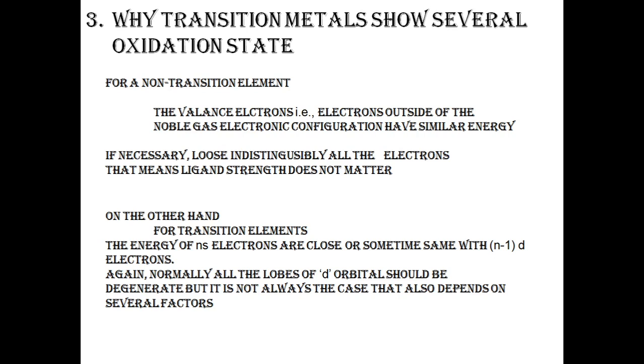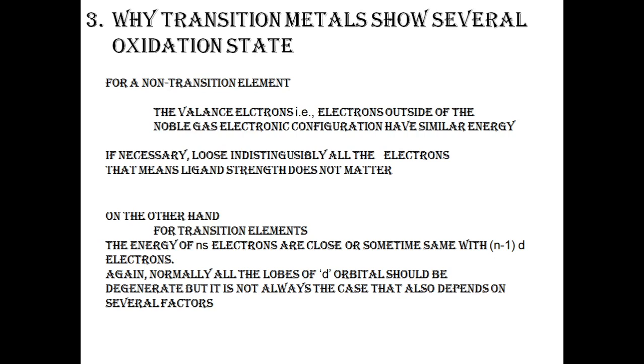These electron exchanges all happen in s or p orbitals, and s and p orbitals are always degenerate. Within p, px, py, pz all have the same energy level. Any external oxidant will see px, py, pz in the same way and will not have any partiality to any lobe to get the electron.